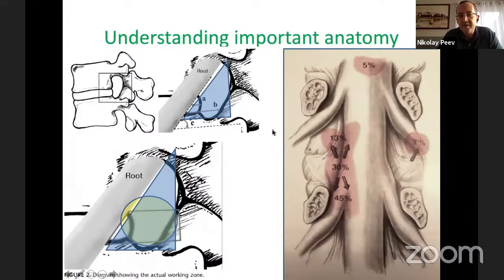As you can see, this diagram is showing exactly the location of Cambin's triangle with respect to the adjacent structures, the nerve root, the inferior and the superior facet. And this is where your actual working zone is. It's close to the disc and it's close to the inferior end plate.